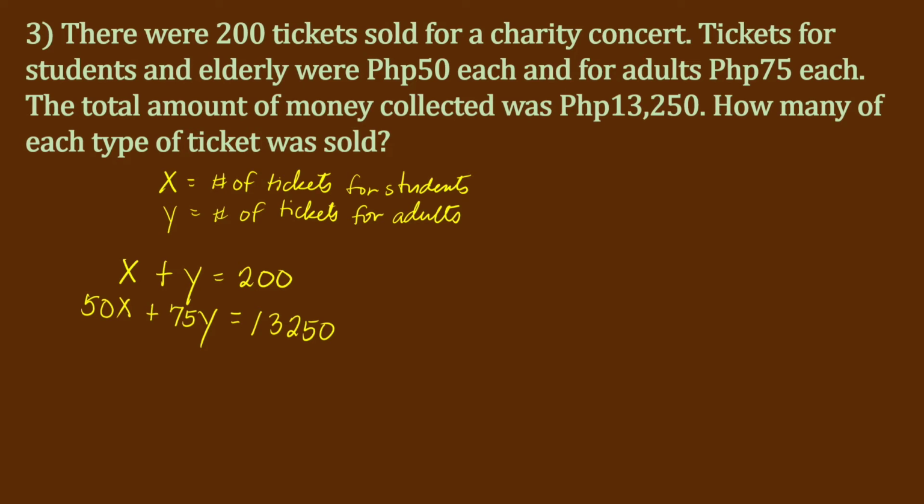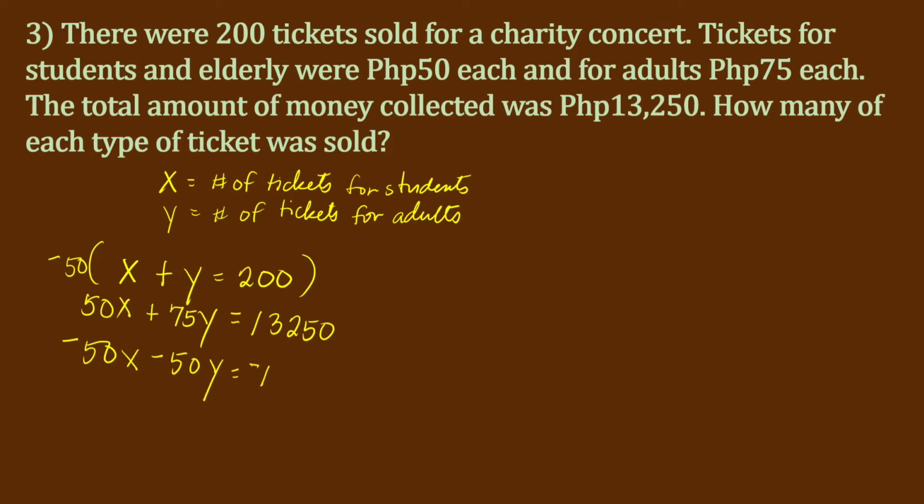Now, we can actually multiply the first equation by negative 50. So with that, we can multiply this by negative 50 so that it will become negative 50x, negative 50y, and 200 times 50 is 10,000.